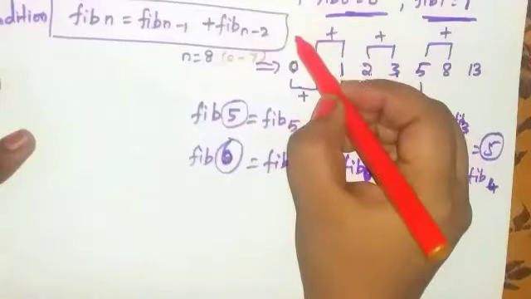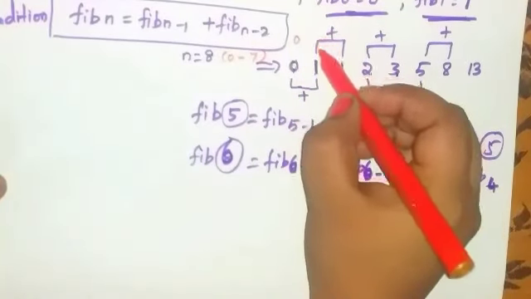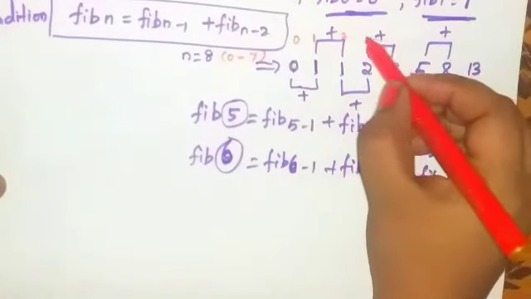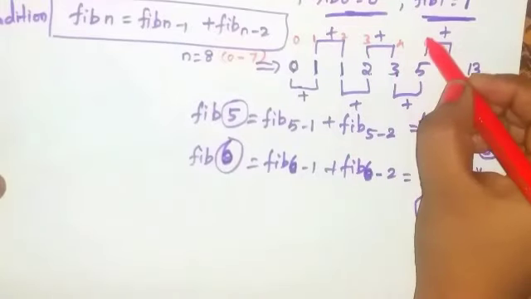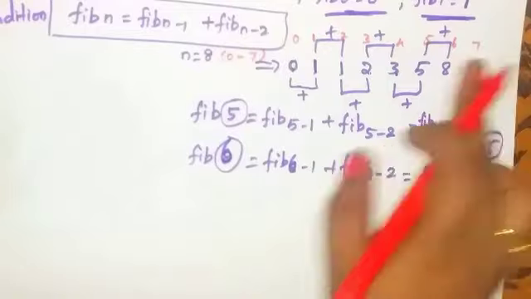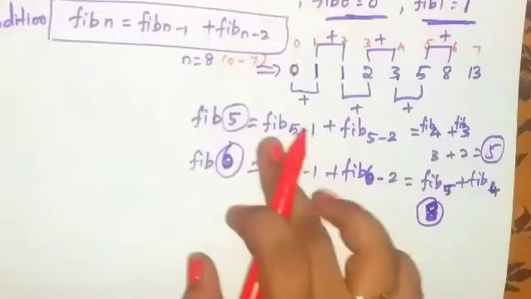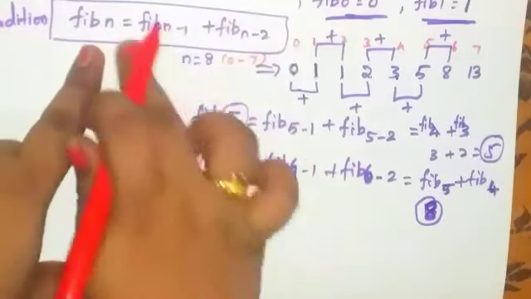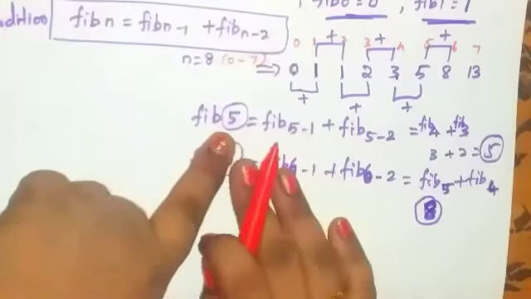This is the 0th position, next 1, 2, 3, 4, 5, 6, 7. So 0 to 7, that is 8 digits. So this Fibonacci series satisfies this condition. How will you check this condition?